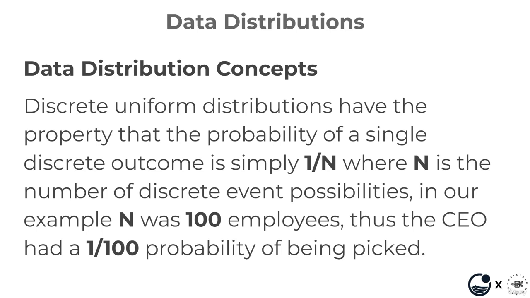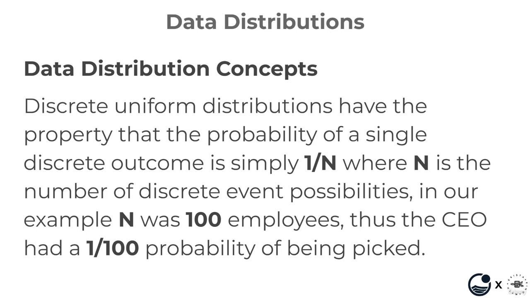And then I'll realize that there's actually a bunch of formulas already defined. And in fact, a discrete uniform distribution has the property that the probability of a single discrete outcome is simply 1 over n, where n is the number of discrete event possibilities. In our example, n was equal to 100 employees. Thus, the CEO had a 1 over 100 probability of being picked.